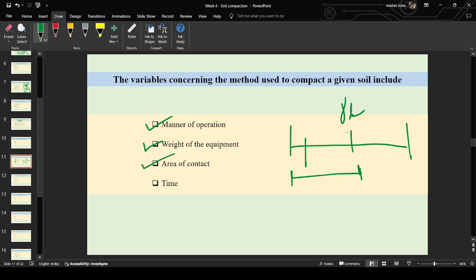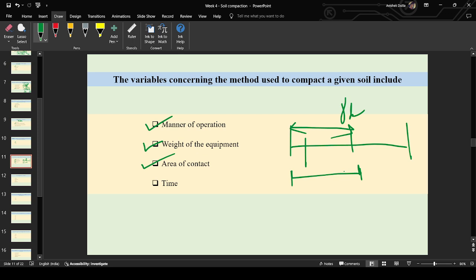I need to do it more, right? So till we achieve the maximum compaction, we cannot stop before. So within this time, till we achieve the maximum value of dry density, time is significant for that particular time, and it doesn't matter if it is a small time or spontaneous action.